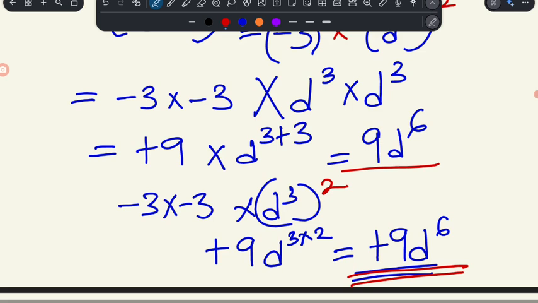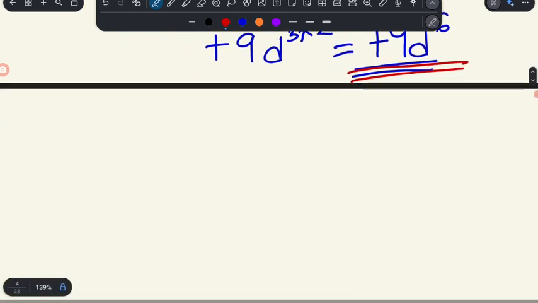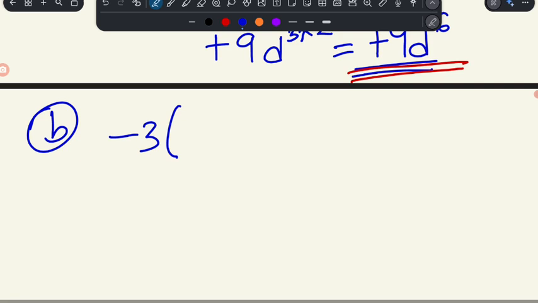So let's also have another question relating to what you have solved. Let's have this. Simplify. Let's say b. Minus 3, you open a bracket here, d raised to power 3 all squared. I'm trying to rearrange the values. Now remember that the 2 will never affect the minus 3.